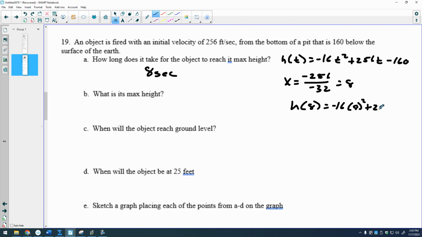You plug in 8 into the formula for t and you solve. Grab a calculator, type that in, and I come up with 864 feet. When will the object reach the ground level? Put in 0.